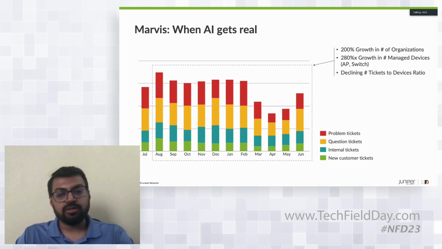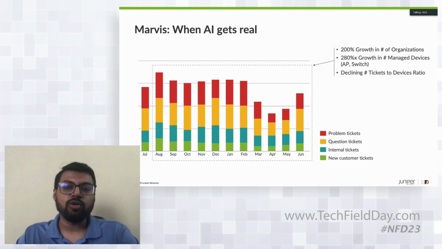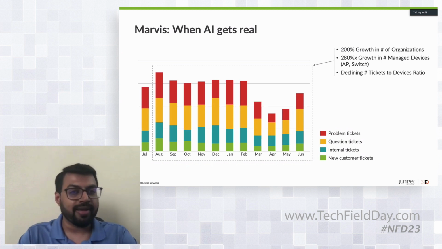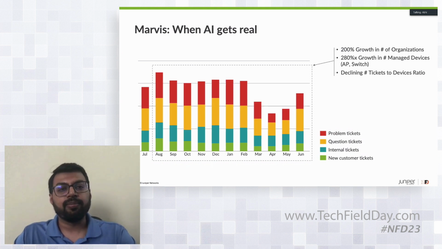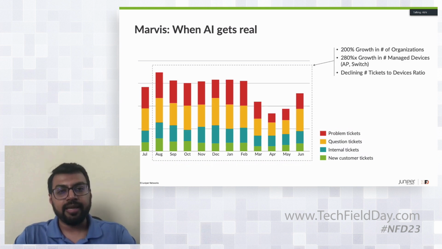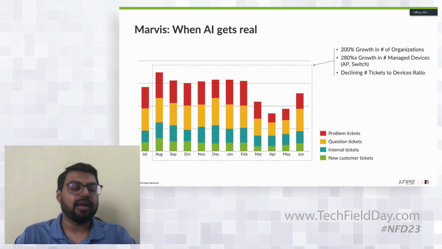This is not a mere coincidence, but thanks to a lot of effort we put into getting MARVIS to answer questions for the end user as an administrator, as well as us making the proactive or self-driving actions better every day. That's the message we want to leave you with: it is actually real that we are using our own AI to make our lives better.